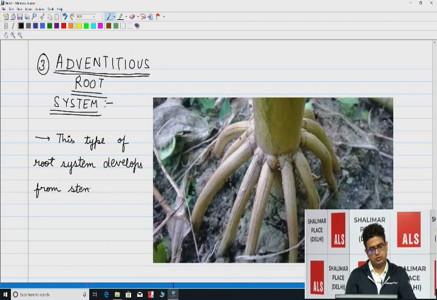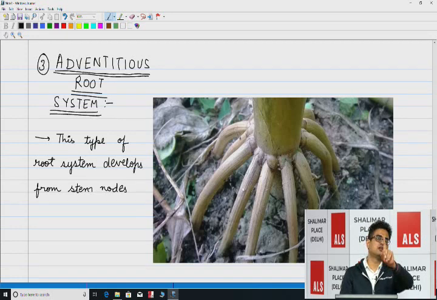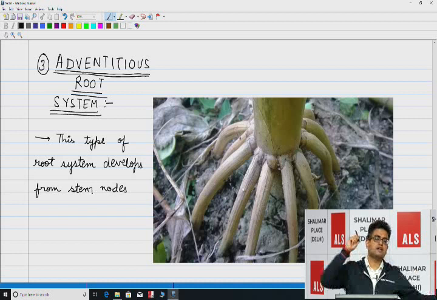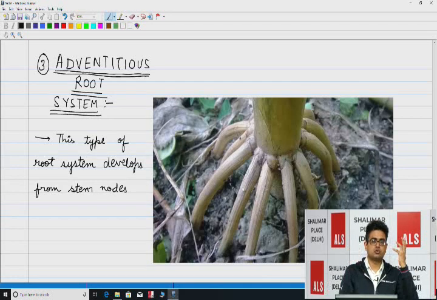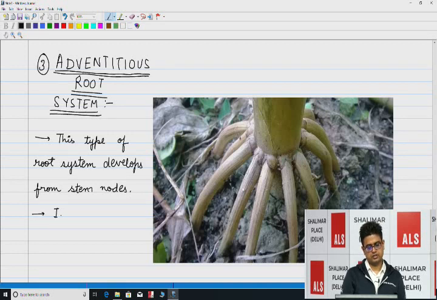Basically, it comes from stem nodes and not from the radicle or from the area surrounding the radicle. So it is neither taproot, nor is it fibrous root. It is something else, so it is called adventitious root. Okay? So you can write here: this type of root system basically arises from the nodes.